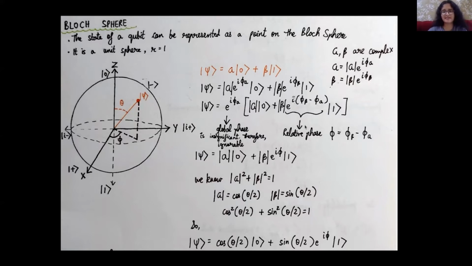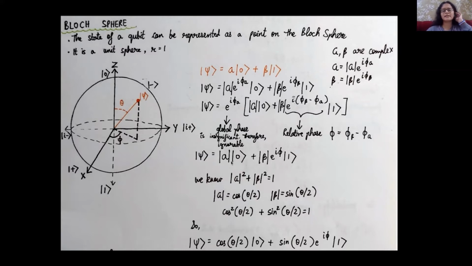But the relative phase you're getting over here by taking this term common, which is i times phi beta minus i times phi alpha, cannot be ignored. Why? Because this is like the relative position. In the race, the distance between two people is the relative distance between them, and we cannot ignore it, because that will affect who the winner of the race will be.